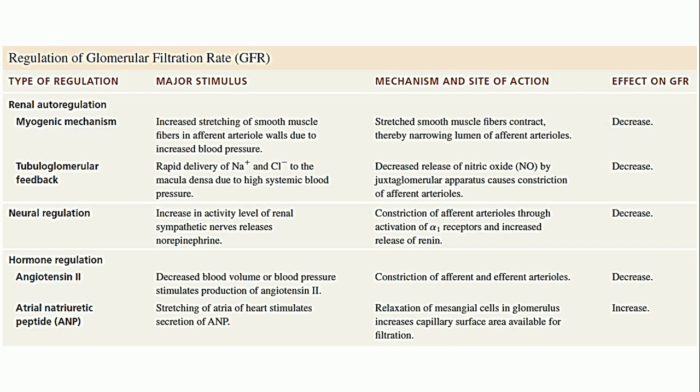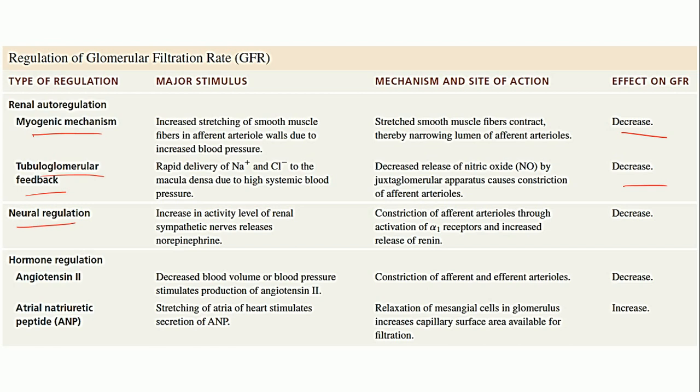So this is the summary of the regulation of the GFR. The autoregulation, that is myogenic mechanism, decreases the urine output. Even the tubuloglomerular feedback, it also decreases if it is increased and increases if it is decreasing.